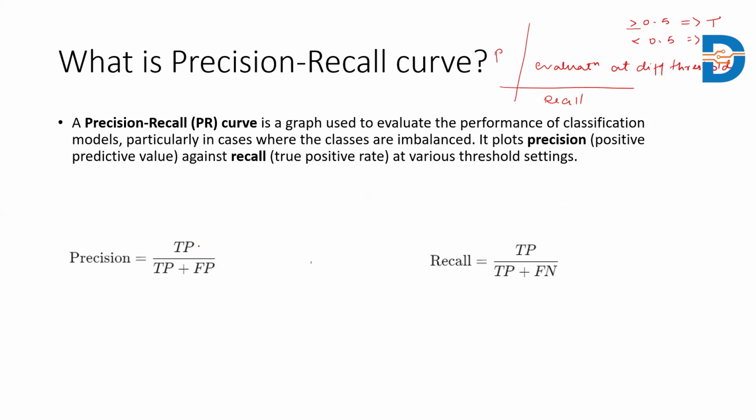Precision tells us how many of the model's positive predictions are true positives. Recall tells us how many true positives the model predicted correctly by considering the actual positives that we have in our data.